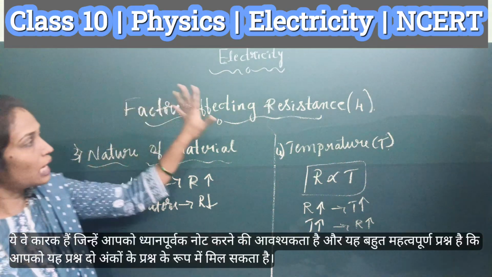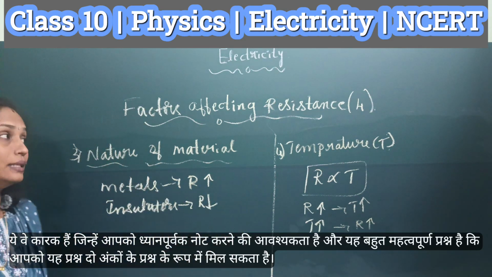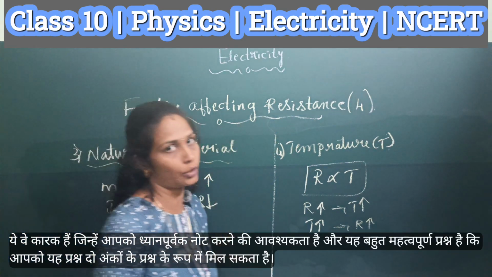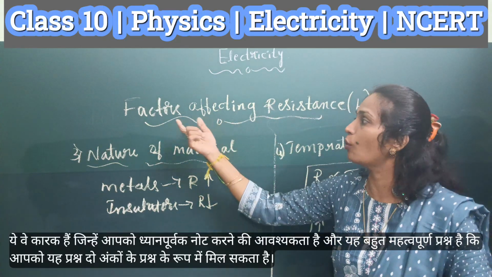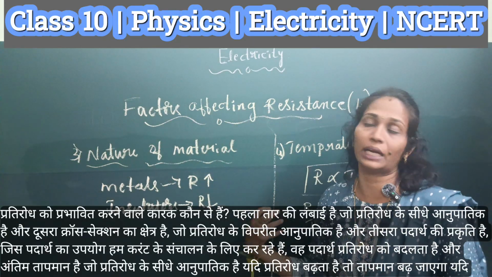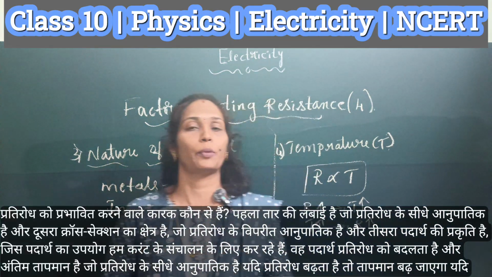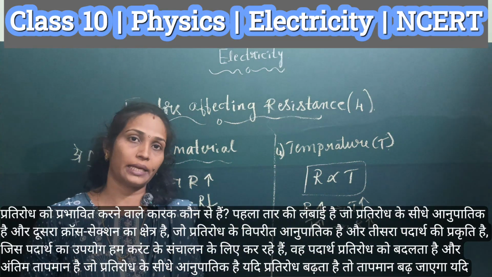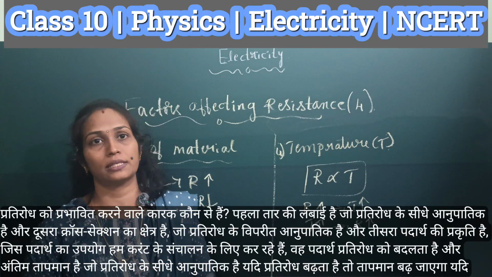Okay. These are the factors you need to note down carefully, and this is a very important question that you may get as a 2 marks question: what are the factors that affect resistance? The first one is the length of a wire, which is directly proportional to the resistance. The second is the area of cross section, which is inversely proportional to the resistance.